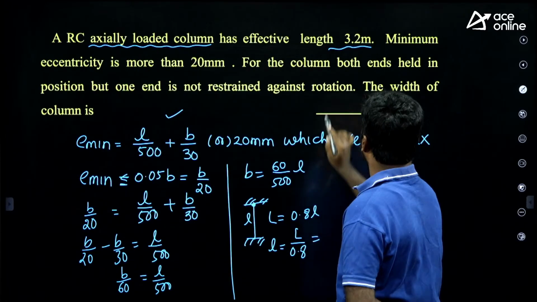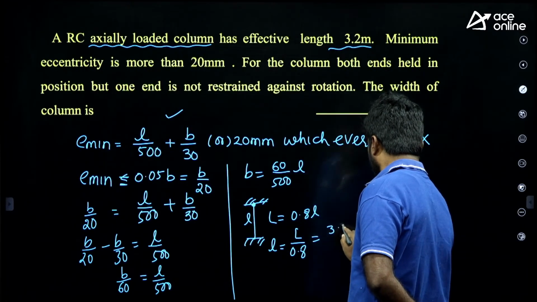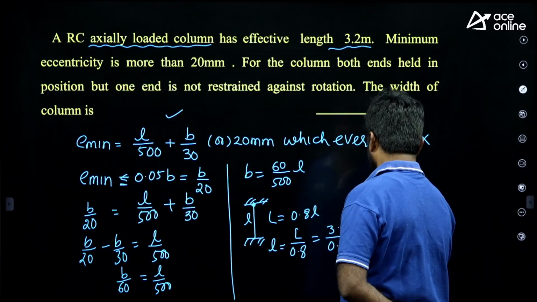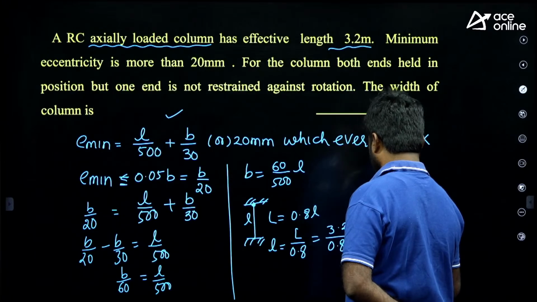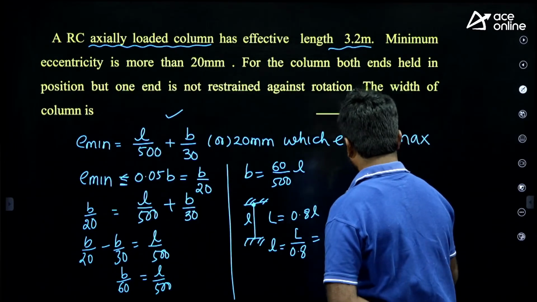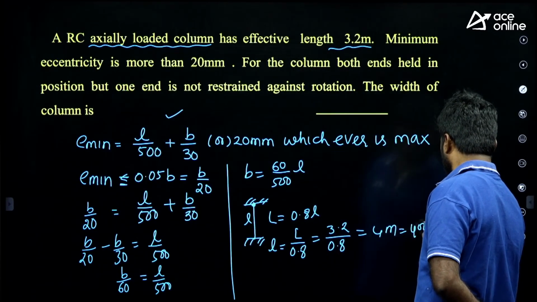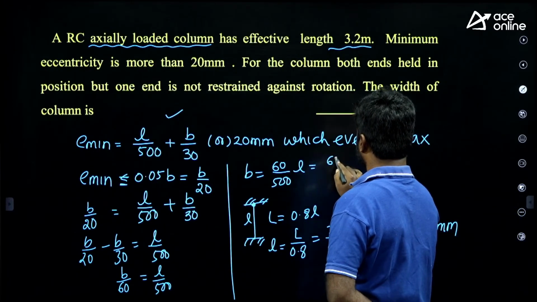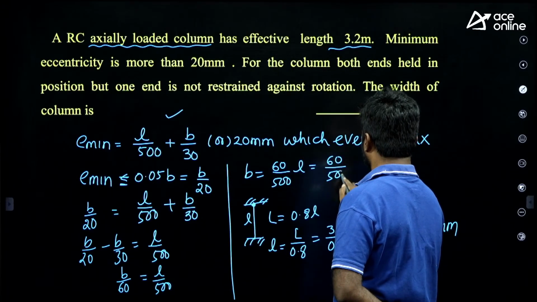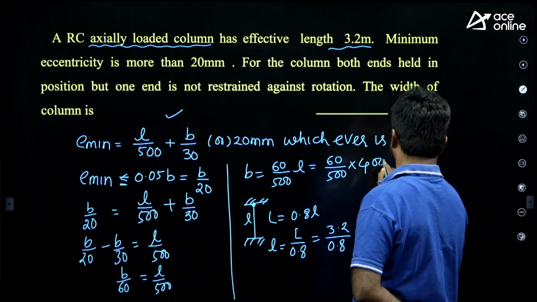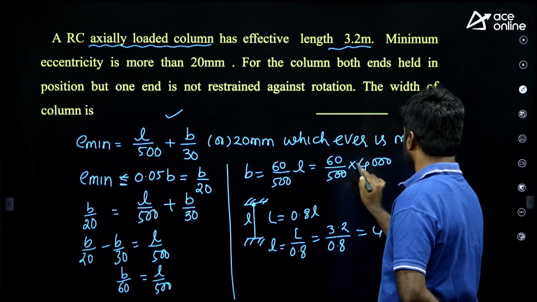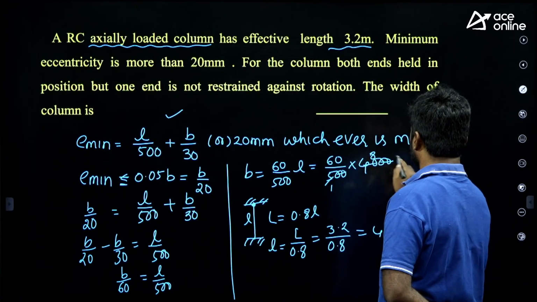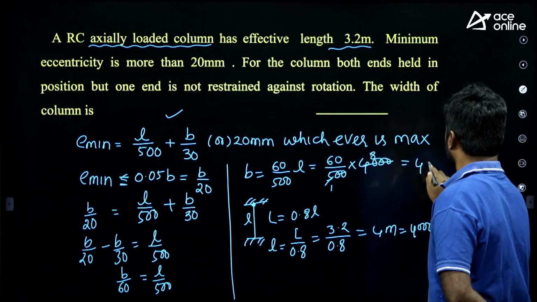What is the given value? 3.2 upon 0.8, you will get 4 meters, or you can write 4000 mm. So B is 60 upon 500 into 4000, two zeros gone, and you will get 480 mm.